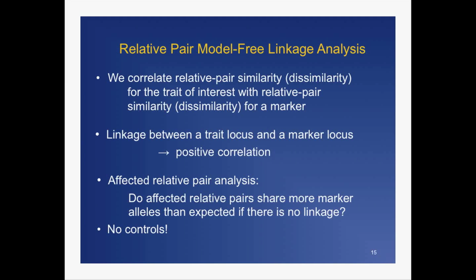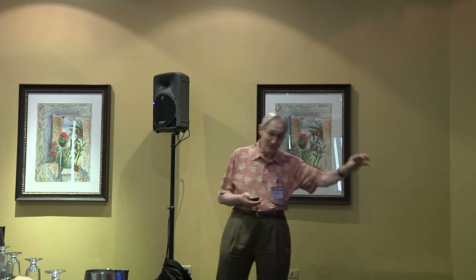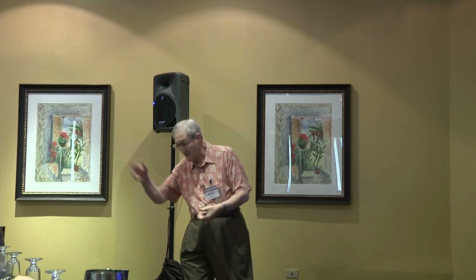So what is this model-free linkage analysis I'm talking about? Well, it takes pairs of relatives. It's very simple, really. We correlate relative pair similarity or dissimilarity for the trait of interest with relative pair similarity or dissimilarity for a marker. We're looking at similarity of the trait between relatives, similarity of the marker for the relatives, and we're correlating these two similarities.